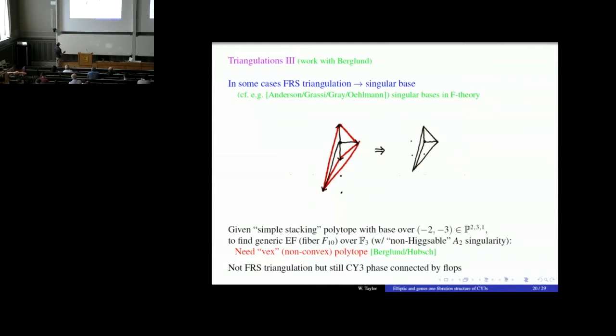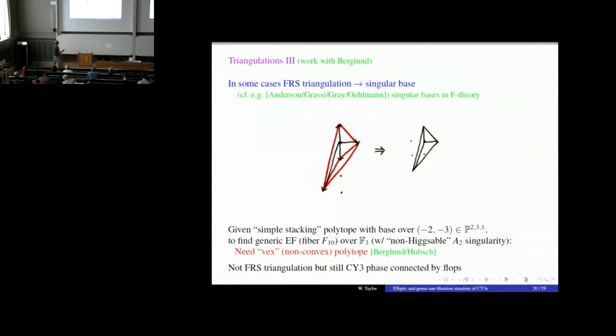Now, in order to get the generic elliptic fibration over F3, which is easy to see from the elliptic fibration point of view, we need to go outside the usual toric construction. So there's a generalization of the usual toric construction that was recently developed by Berglund and Hubsch, in which we consider convex or non-convex polytopes, which can be associated with so-called non-star triangulations of the original polytope.